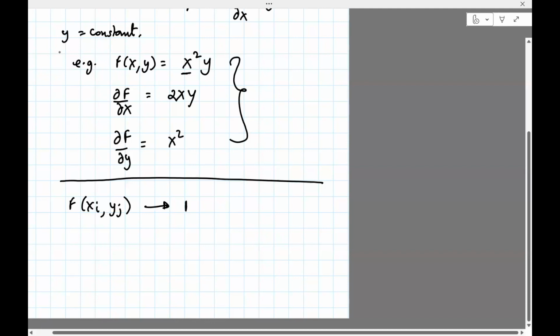We'll write this as f of i comma j, and the reason why we'll do it is because if you start writing f in brackets x y, it's going to take a lot of space, and it's a nice notation to make the writing very short and succinct. So let's assume that's how we'll denote the function f, which is a function of i and j. You could actually go to k, l, whatever you want, but let's just focus on 2 dimensions in this course. So if that is the case, then I'm going to write a few formulas down. Let's look at the first derivative.